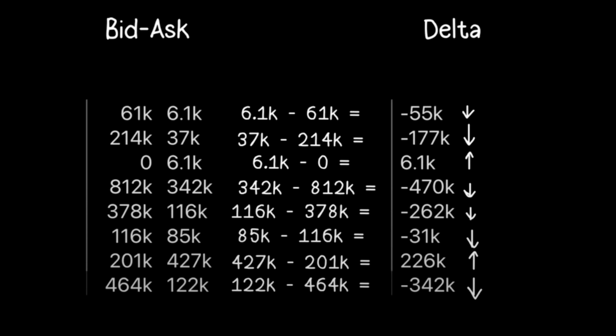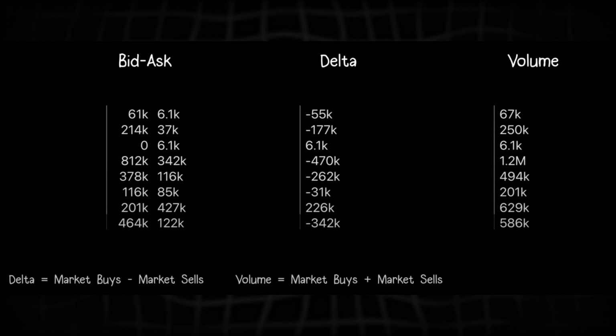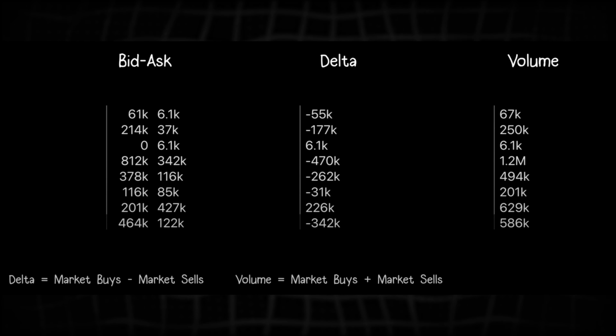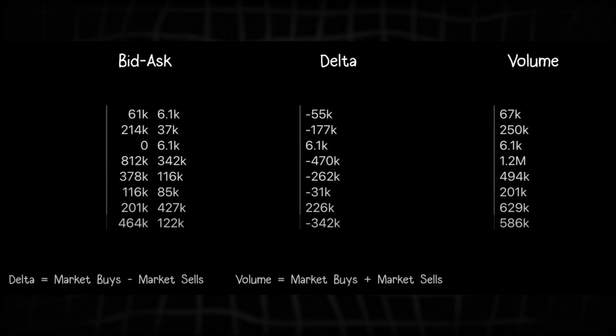If delta is around zero, the market is balanced, no one's taking the lead. So delta is a powerful tool for spotting where market participants are the most aggressive. As for volume, it just tells you the total number of trades at each price, no matter if they were buys or sells. Confused by all these technical terms? Don't worry, we'll break them down as we go.